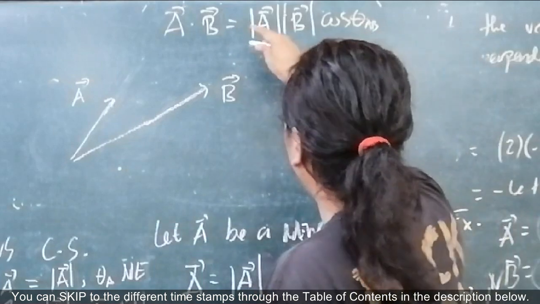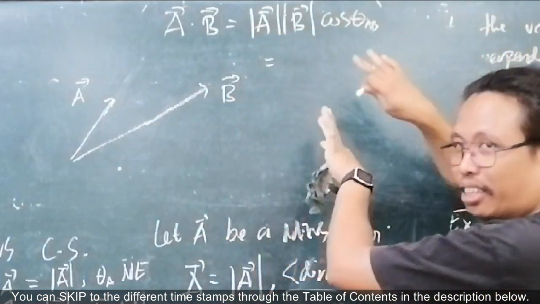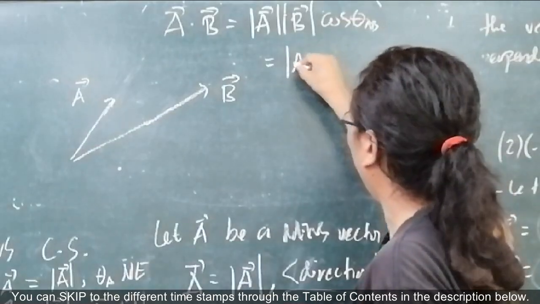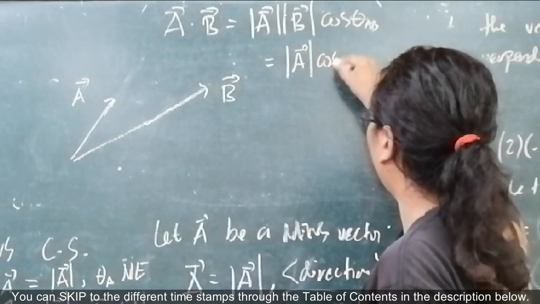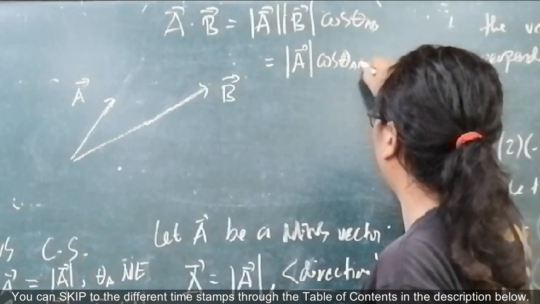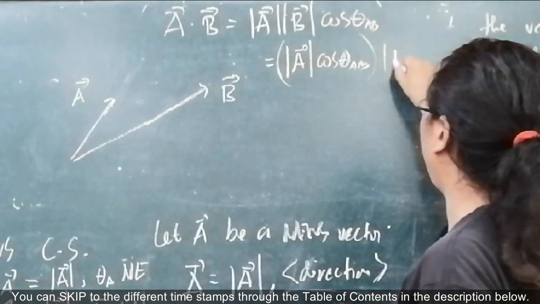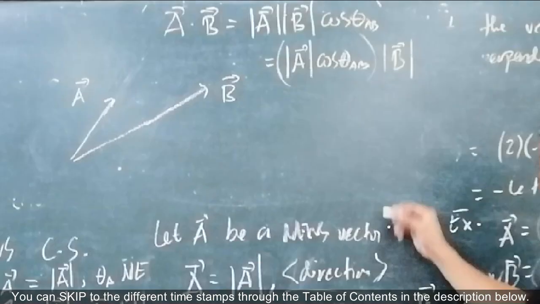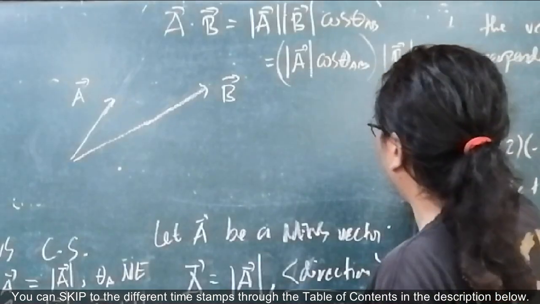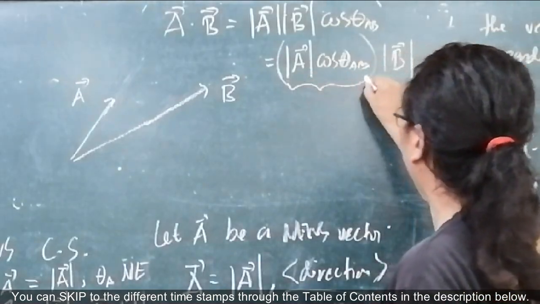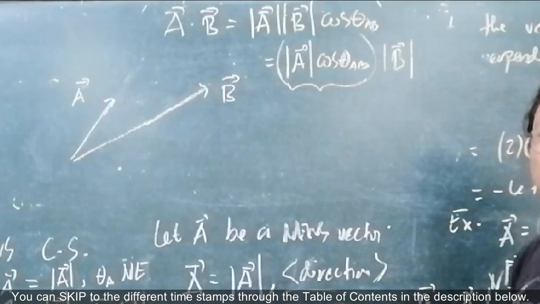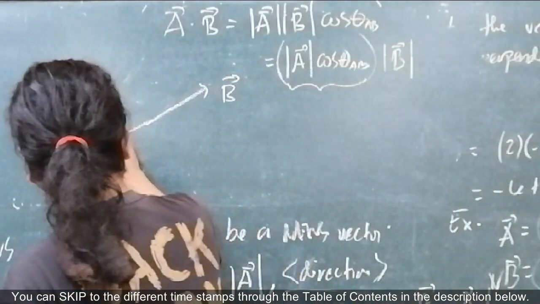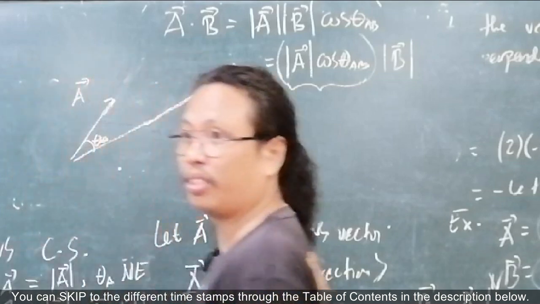Okay, let's take the order of this one. This is A cosine theta AB times B, right? This is the same. But I rearrange this to give a geometric meaning. What is A cosine of theta? This is theta AB, right?